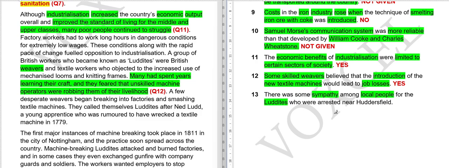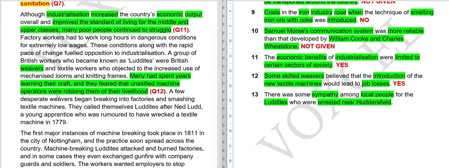Towards this group of people that were arrested near this particular place, Huddersfield. So if they had sympathy for these people, we'll say yes. If they didn't have any sympathy, we'll say no. But if we don't know whether they had any sympathy or not, we'll say not given.